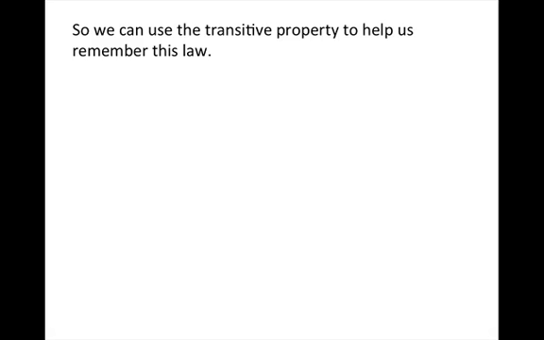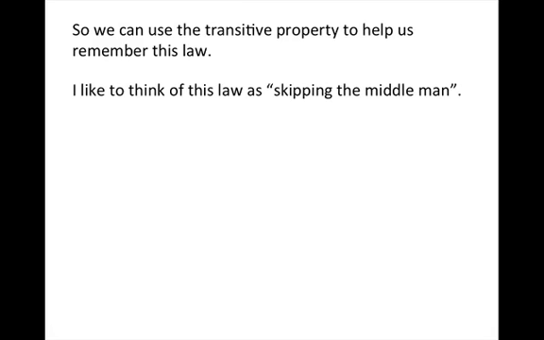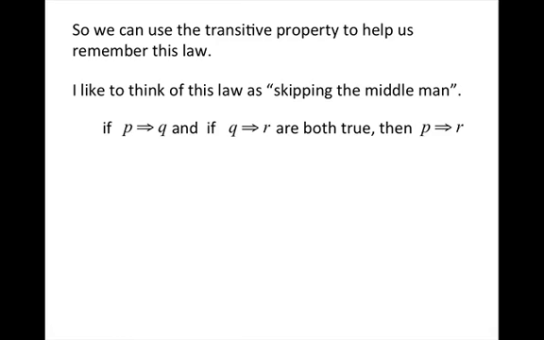So we can use the transitive property to help us remember the law of syllogism. And I like to think of this law and the transitive property as skipping the middleman. Just like I dropped the 10 from the inequalities, I'm going to do the same thing with this law. If P implies Q and if Q implies R are both true, notice that the Q in the middle has been repeated.